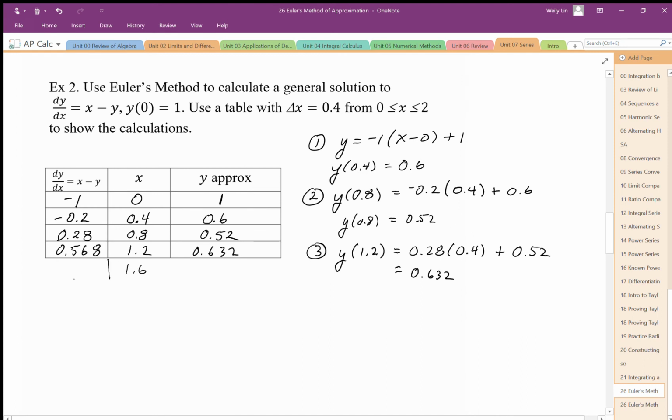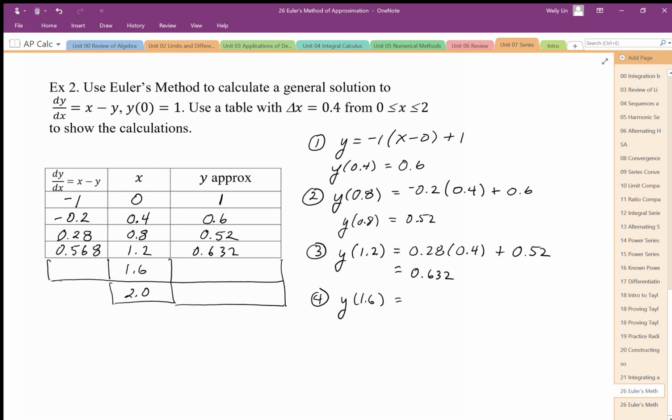So I have a couple more iterations to go here. I need to calculate for those two still. My fourth iteration here is going to be y of 1.6 is equal to, okay, my slope value. So I need to calculate my new slope. My coordinate is going to be 1.2, 0.632. So I've calculated my new slope is going to be 0.568. And again, make sure you're keeping this organized.